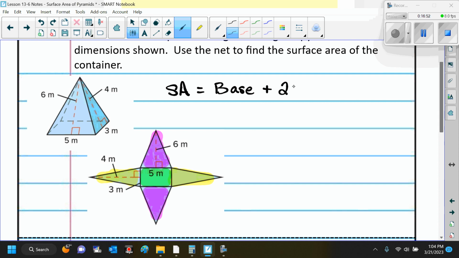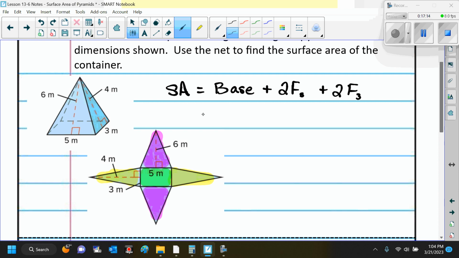So 2 of the faces with base 5, and then plus 2 of the faces with base 3. Base 3. Okay? That's how you can keep them straight.